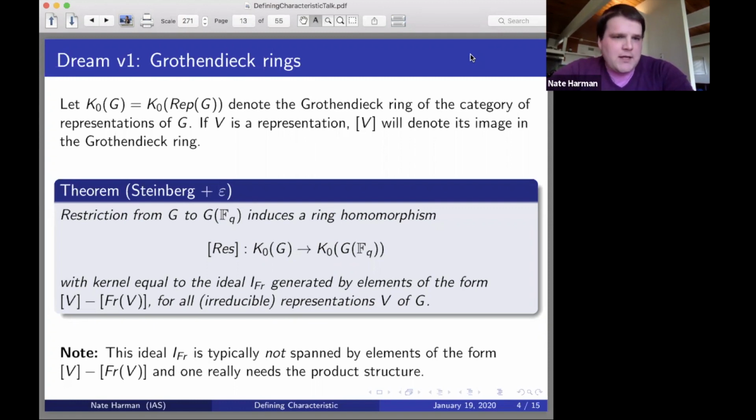All right, so I'm going to go through a proof of this. It's simple and straightforward. But before I do, does anyone have any questions or comments just on the statement of this decategorified version?